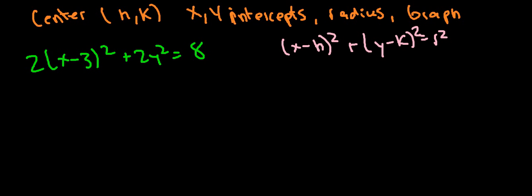So we divide everything by 2. That's going to leave us with (x minus 3) squared plus y squared is equal to 4.